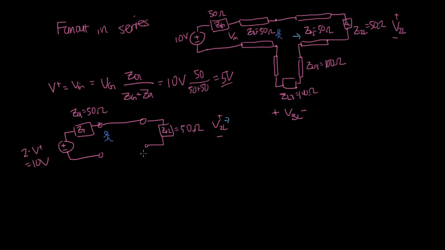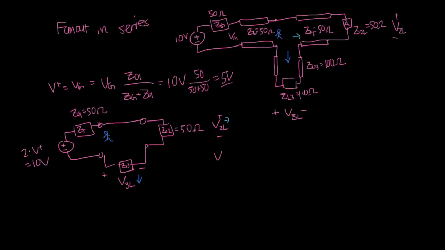And then separately, down here, you have a Z03, and you're measuring this V3L where the minus and plus is defined that way. Whatever V3L you calculate is going to be the wave going this way. So let's look at the circuit and see what it ends up being.